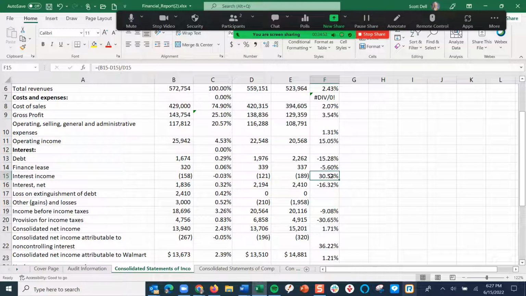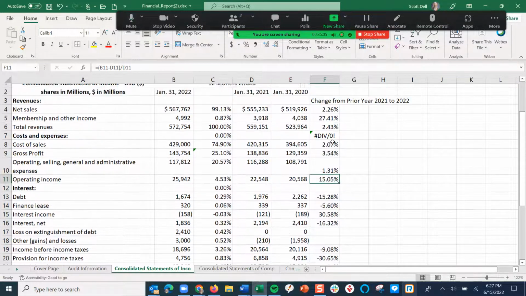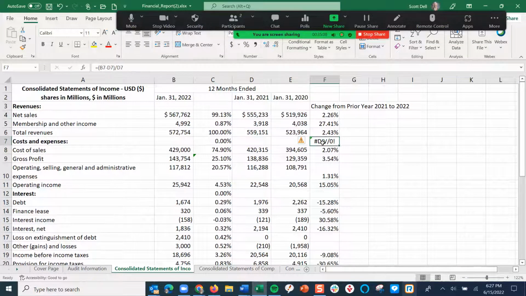My interest income went up, but again, as a scale of things, we've got net interest. My operating income is up 15%. Let's get rid of this divide by 0 thing. So I just did a horizontal analysis on my income statement. I did a vertical analysis on my income statement. I can do the same thing in my balance sheet. Now let's look up the formula for inventory turnover.